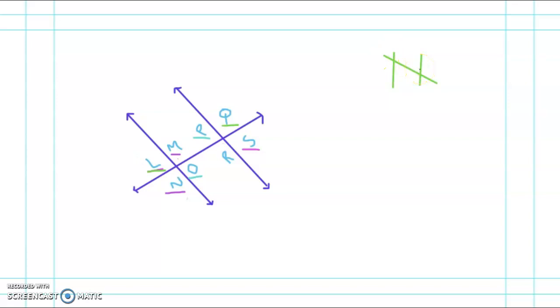No matter where the transversal is, it's always going to be congruent no matter what angle it makes. So even if different angles are made, they are still congruent.